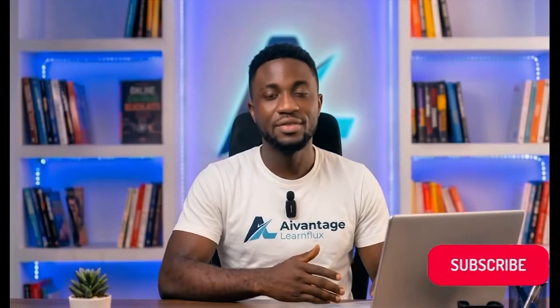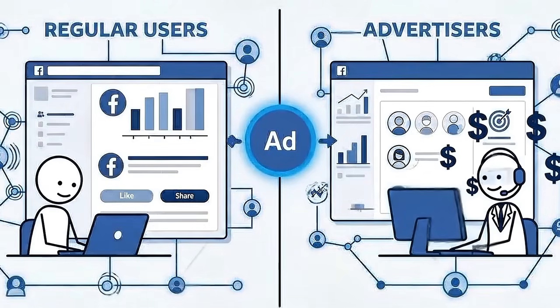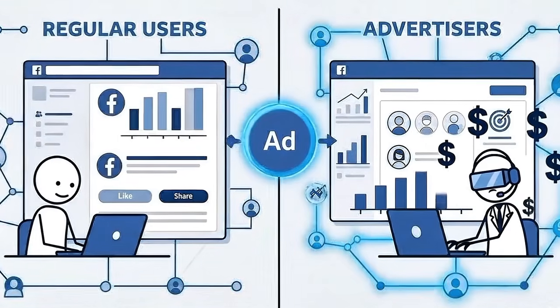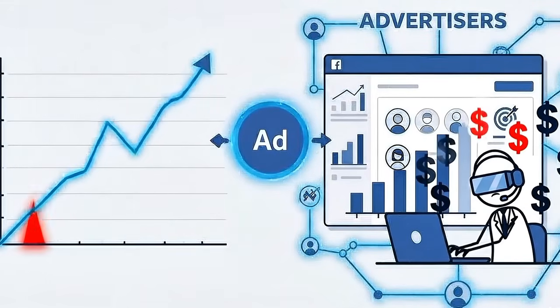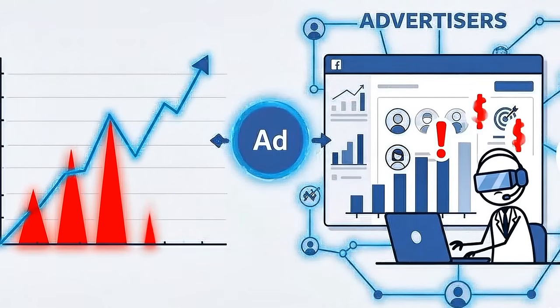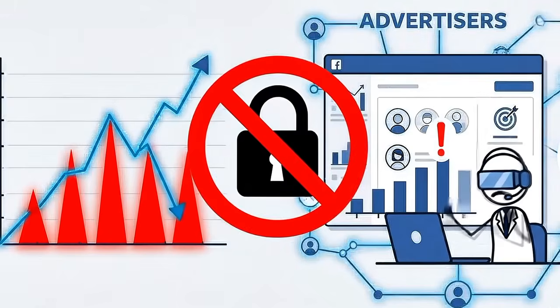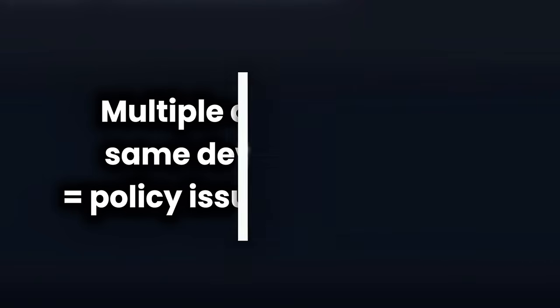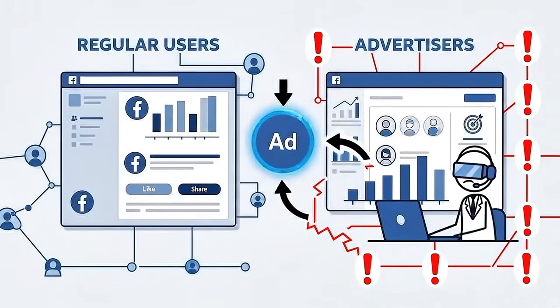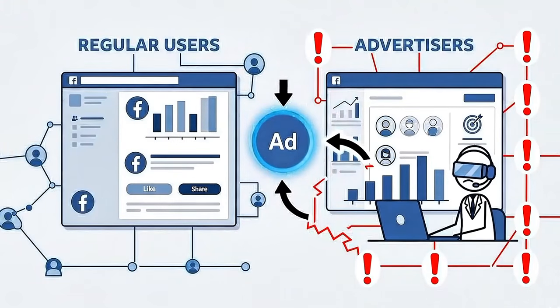For advertisers, there's a longer list. Ads that get reported, using tools that send the same message to many people at once, running multiple personal accounts from the same device or IP, which Facebook explicitly flags as a policy issue for advertisers, and poor quality signals, ads people report as misleading, slow landing pages, things like that.